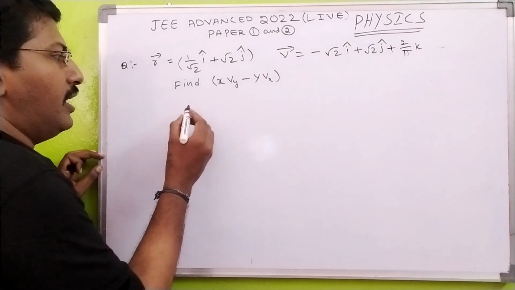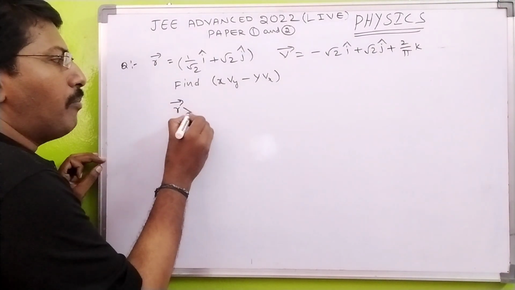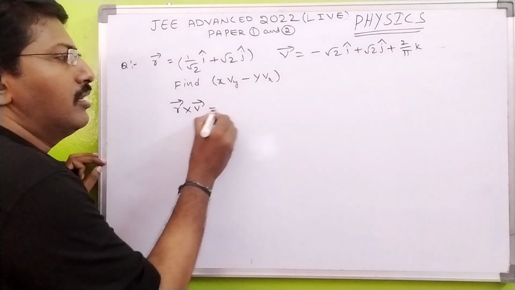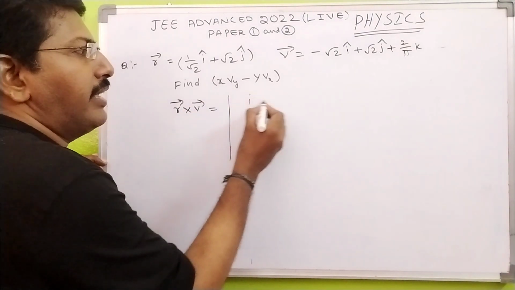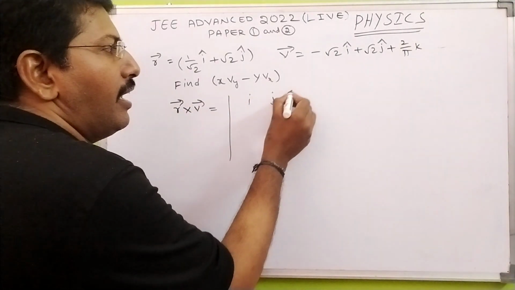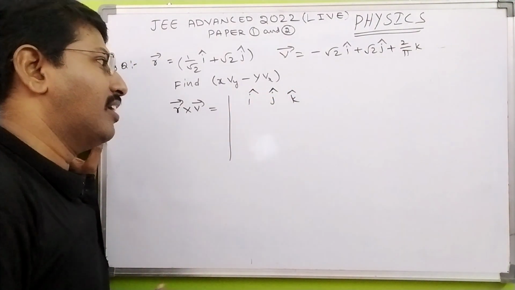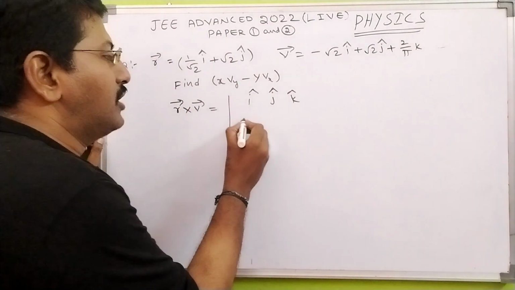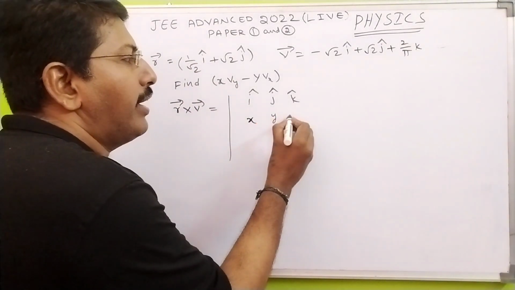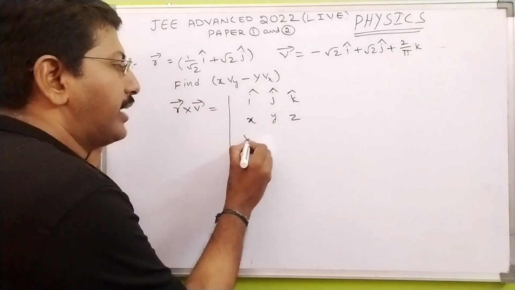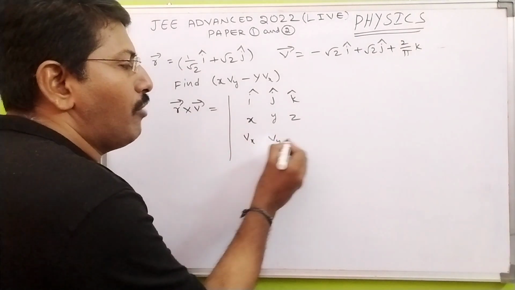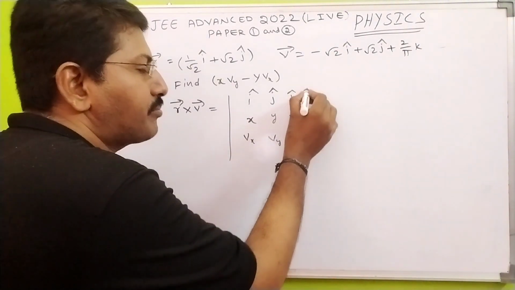In the matrix method, r bar cross v bar, here i, j, k are unit vectors. Next, this row is x, y, z. Next, this row is vx, vy, vz.